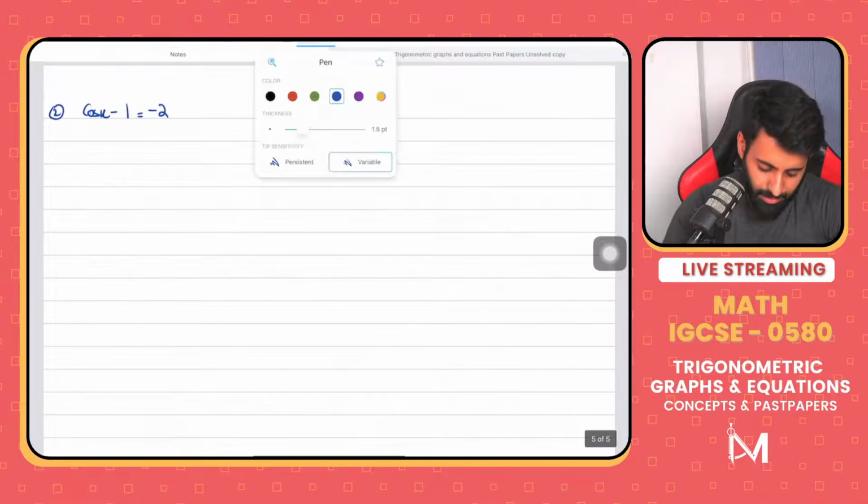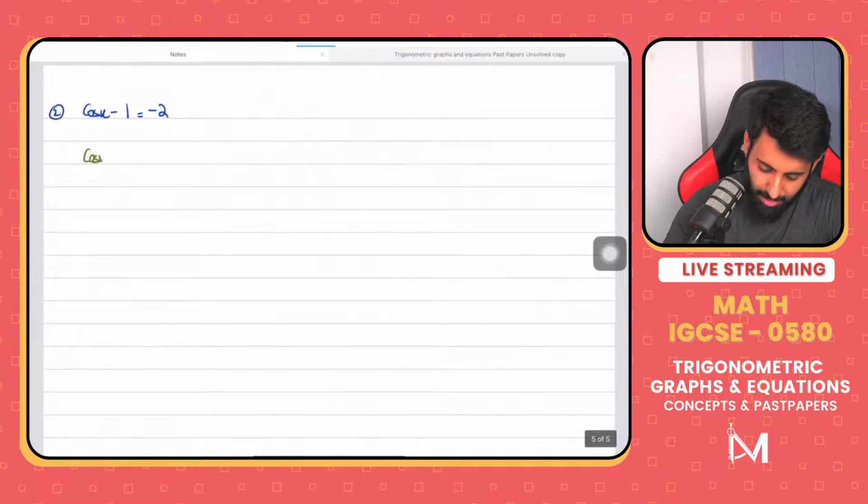Now, first thing you need to do is make sure that it's written nicely. Wait a minute, let me make it slightly more complicated. Let's say it's 2 cos x plus 1 equals 0, and x is from 0 to 360.